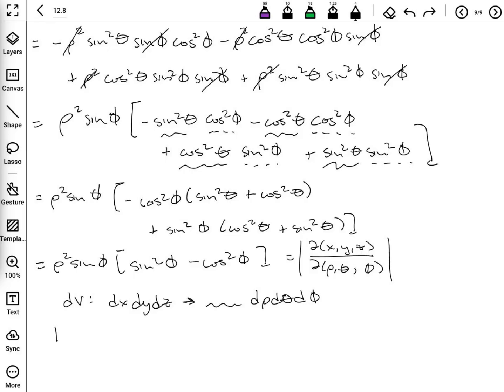So absolute value of rho squared sine phi times sine squared phi minus cosine squared phi is the same as just getting rid of all your minuses. So it's rho squared sine phi sine squared phi plus rho squared sine phi cosine squared phi. And then at this point, we have a sine squared, cosine squared that are going to cancel out.